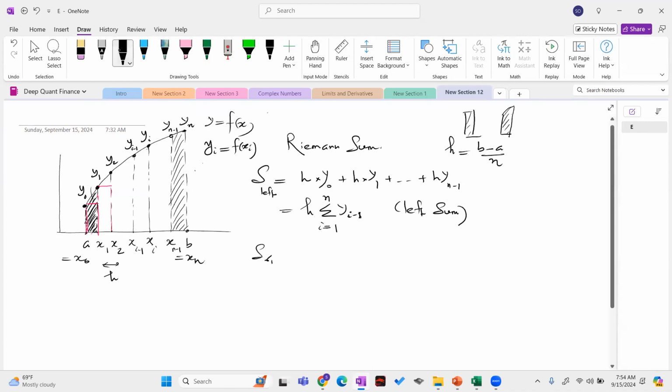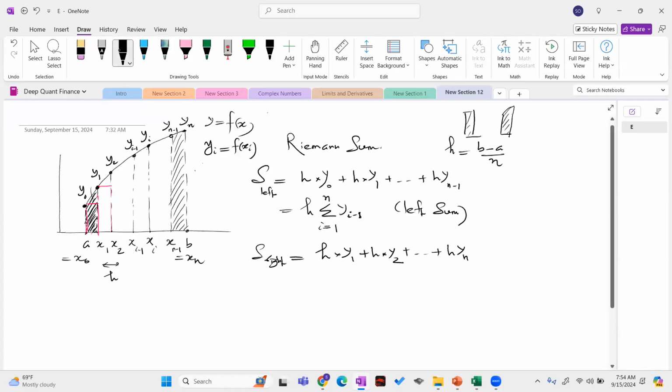Similarly, we can calculate a right sum. For right sum, what we'll do is, look at the first region. The area would be h times, I choose the height on the right side of the interval, y1, plus h times y2. And finally, h times yn.